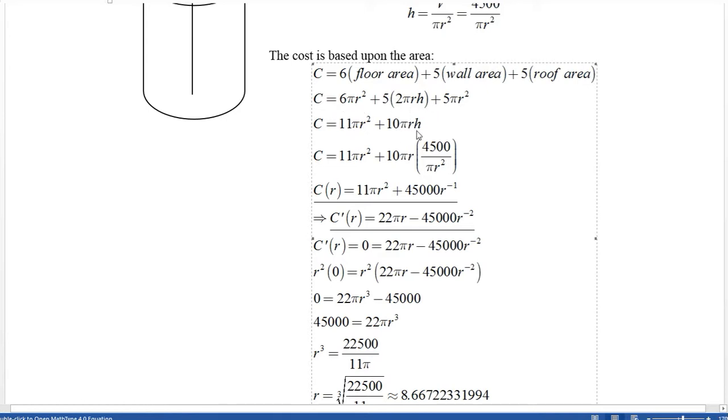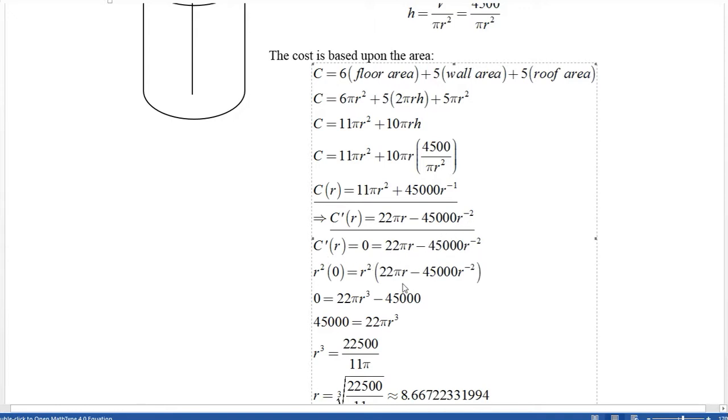And this makes 10 pi r h. H is 4,500 over pi r squared. And so we get this expression here as cost as a function of r. Take the derivative, very similar to the last problem: 22 pi r minus 45,000 r to the negative 2.